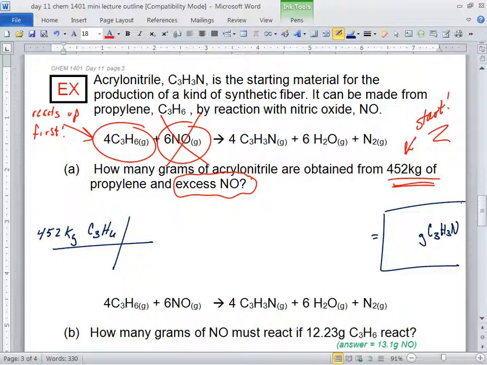You're exactly right, except we got to get into grams first. See, that's grams. So maybe just spread it out a little bit. We got to convert kilograms into grams first, because kilograms won't cancel with grams.